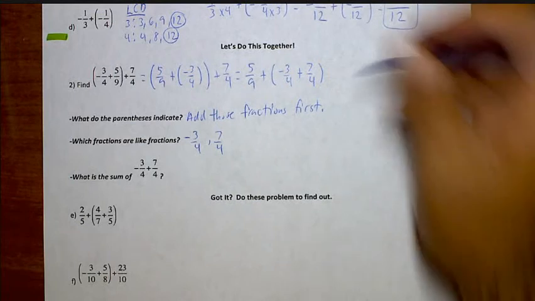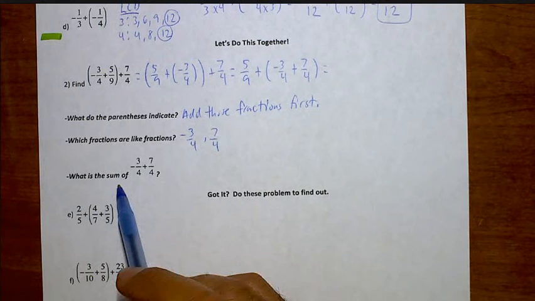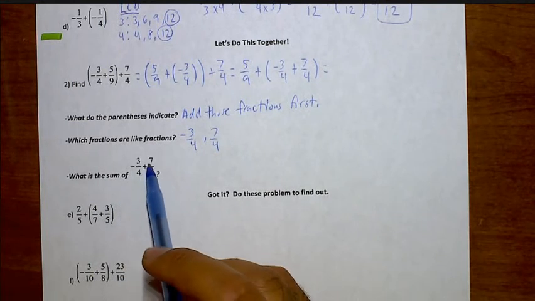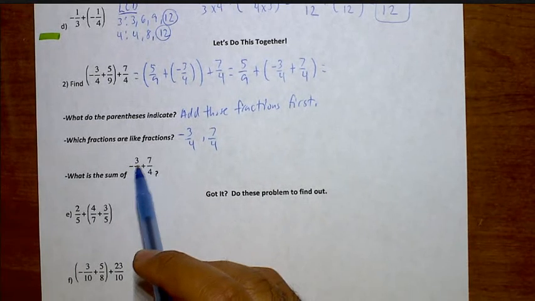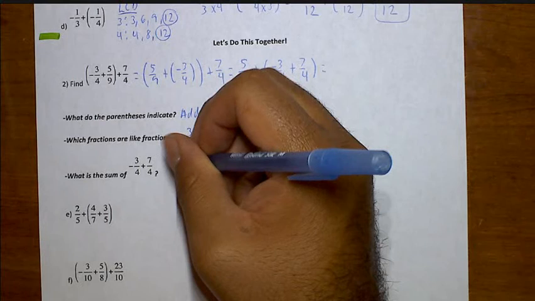So, rewriting this, we say 5/9 plus 1. To make it more simple, 1 is our whole number and 5/9 is our fraction. That's our final answer.